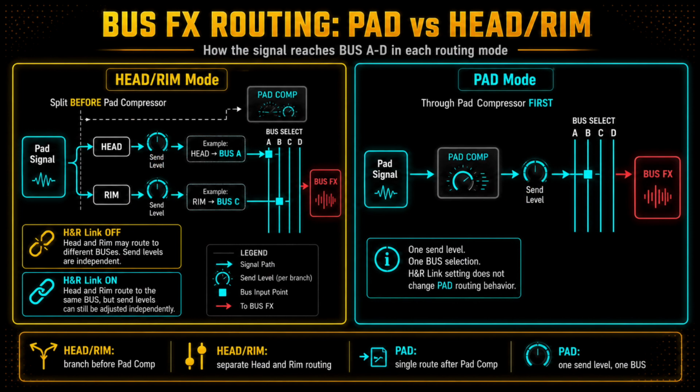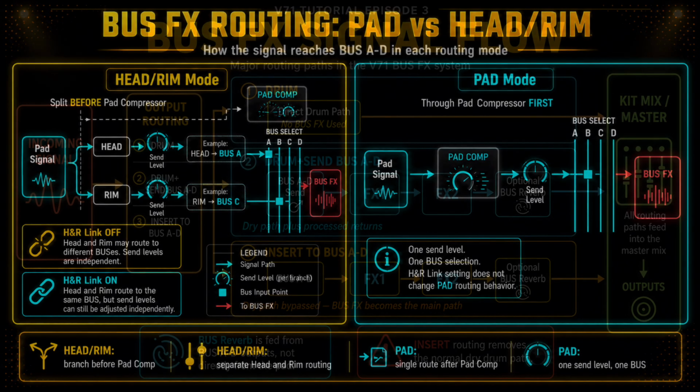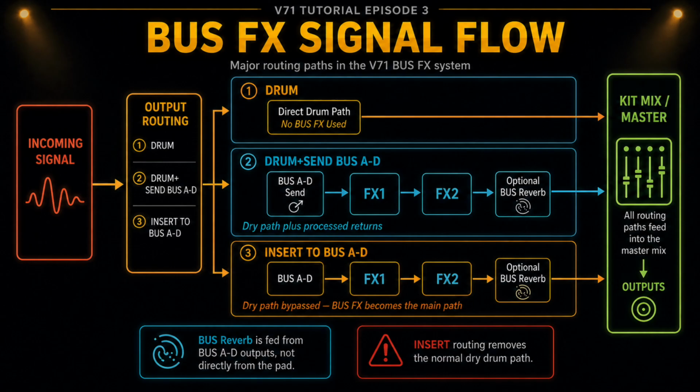Moving forward, we're just going to discuss the signal that comes into the bus effects area. Whether our signal comes from the pad or head and rim, we can now think of it the same way. The signal comes in and we can do one of 3 things with it. We can just send it on and pretend the bus effects section doesn't exist. We can send it on and send it into the bus effects section. It can go to one of 4 buses labeled A through D, and each one of those buses can have 2 effects areas.